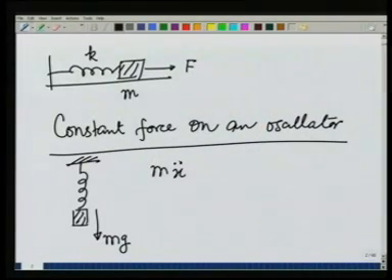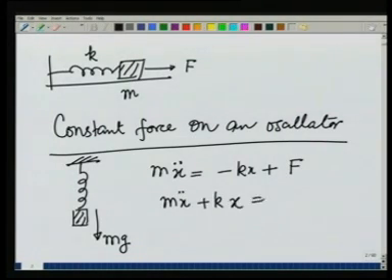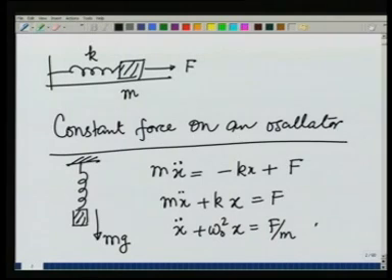m x double dot in this case is going to be equal to minus k x plus whatever that constant force F that I have applied, and therefore, m x double dot plus k x is equal to F. Dividing by m, I can write this as x double dot plus omega 0 square x equals F over m, where omega 0 is square root of k over m.